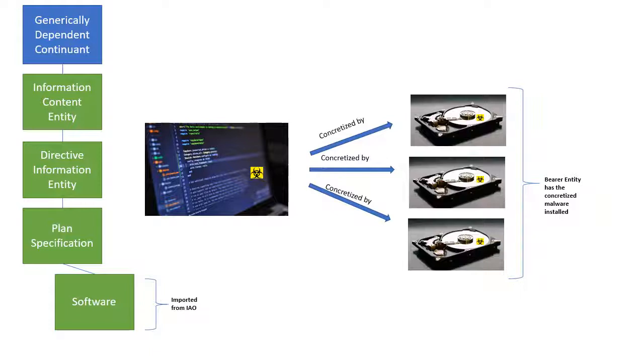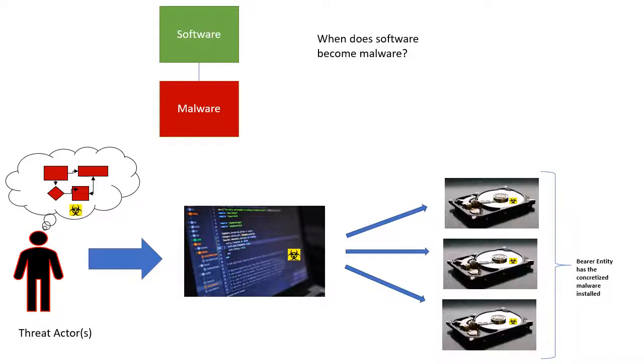And so the issue is that the same exact piece of software, depending on the context, might be malware or it might not be. To solve the software contextualization problem, the role of threat actors and their use of the software has to be accounted for. So software can become malware based on the malicious intent of the threat actor.